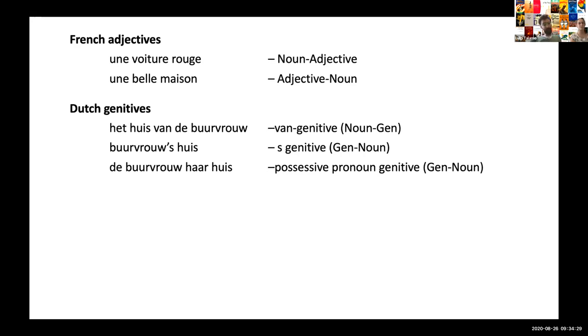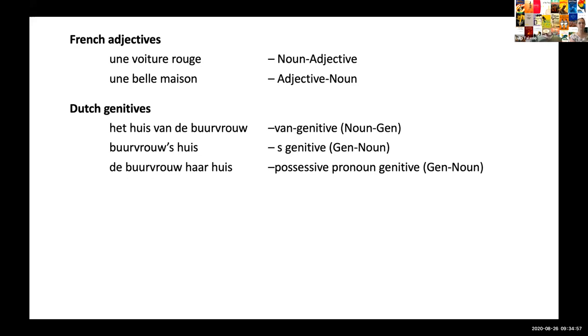Then we have the noun-genitive word order. We see how this word pattern behaves in Dutch. According to WALS, Dutch is a noun-genitive language, so the van genitive construction. Indeed, we find in Dutch the so-called construction where the noun comes first, the van construction.